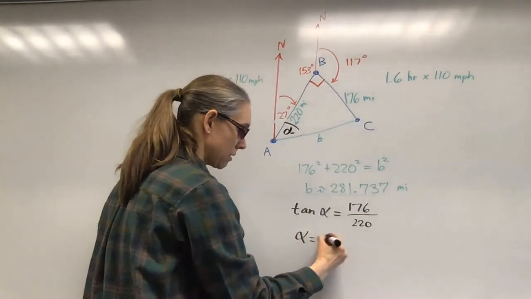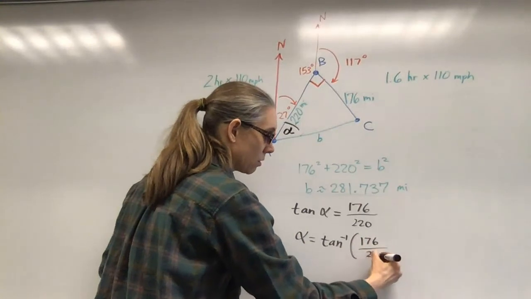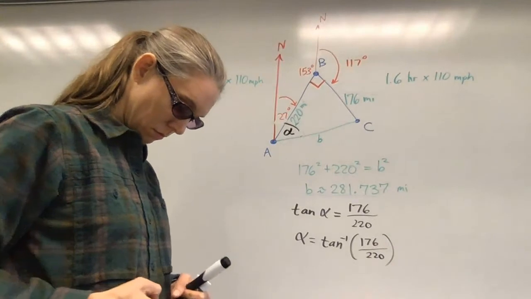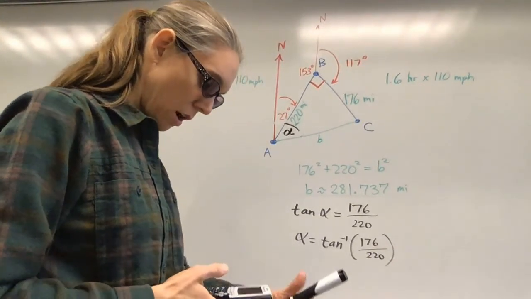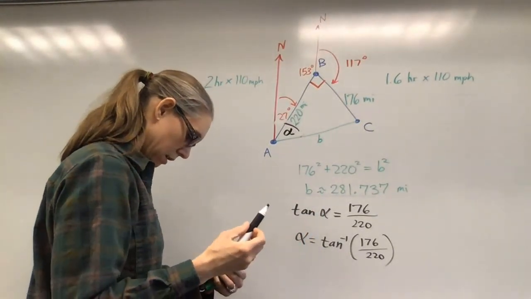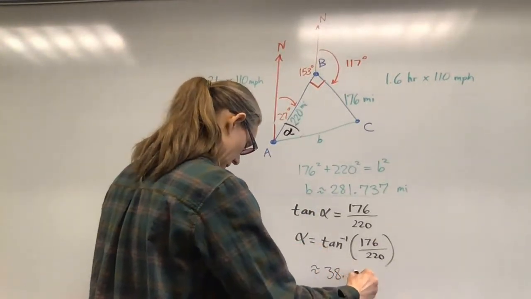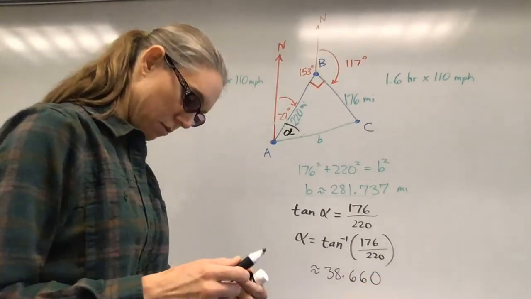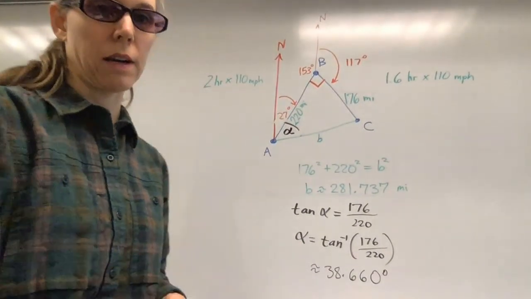So alpha is then tan inverse of 176 over 220, which is approximately 38.660. By the way, that is rounding up. And then if you add 27 to that, you'll get your full bearing.